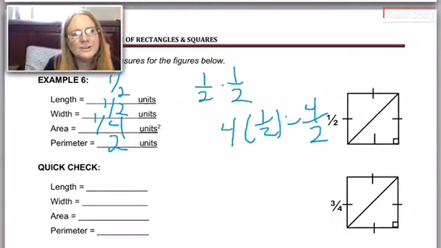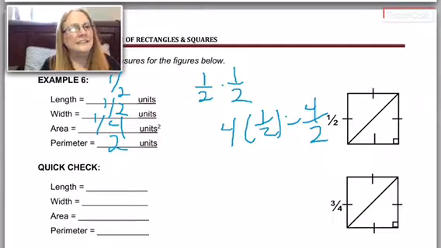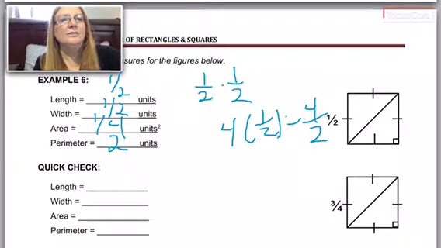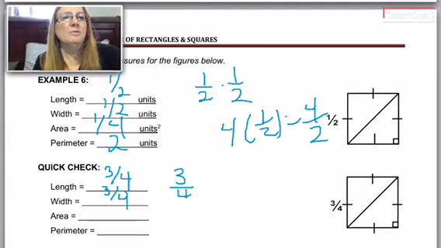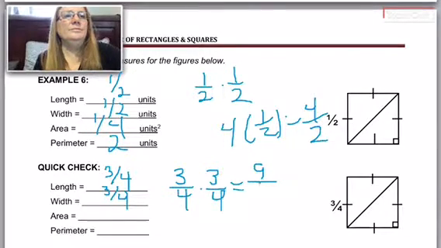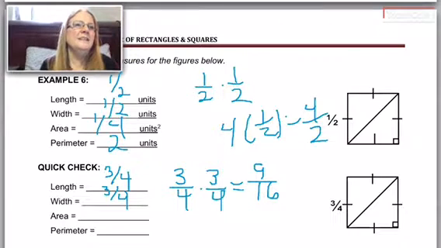The next one, when you have 3/4, is a little more, but it's just 3/4 and 3/4. The rule for multiplying 3/4 times 3/4 is you multiply the numerators and the denominators. So it's 9/16.